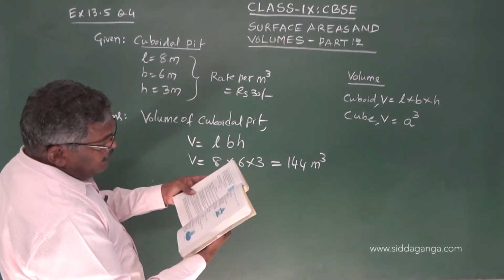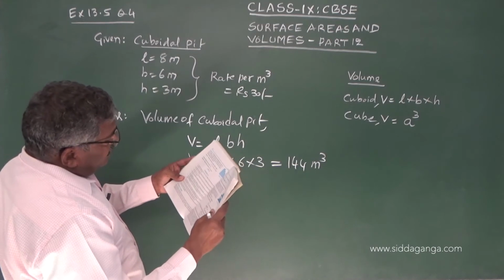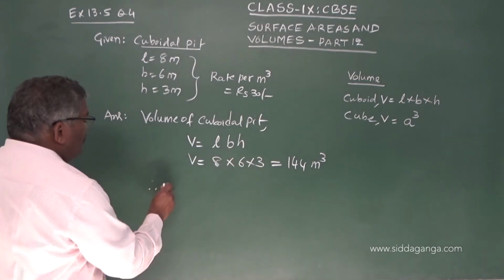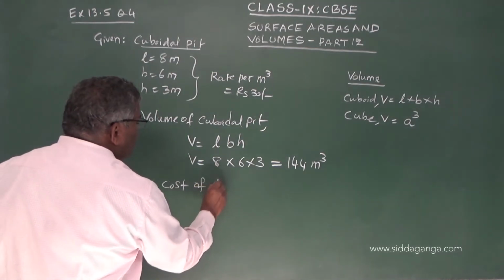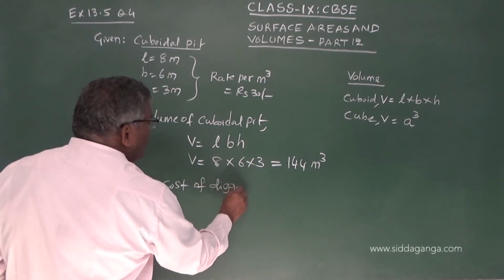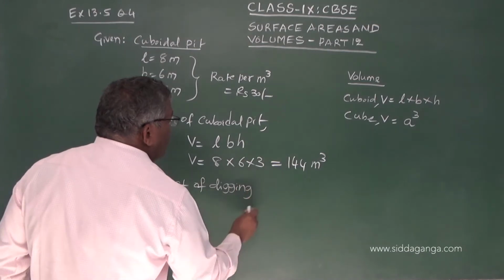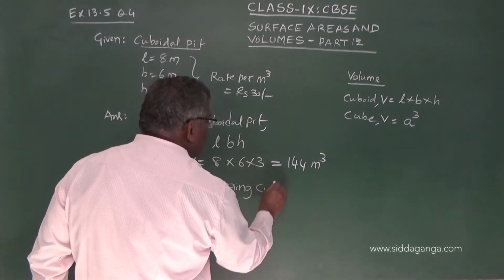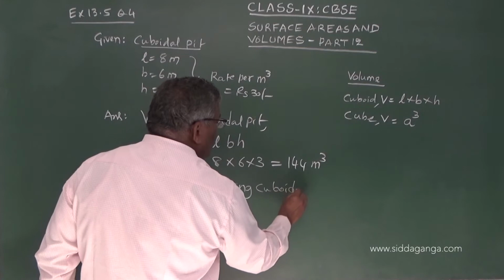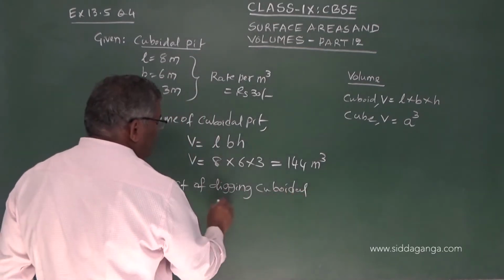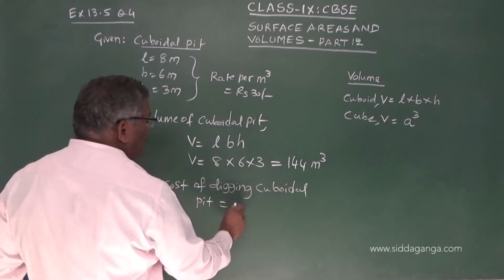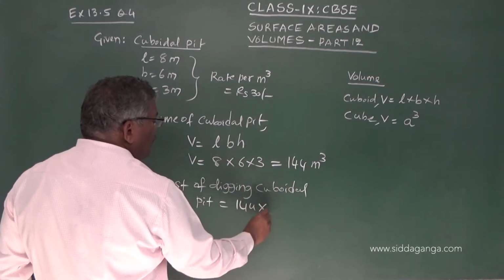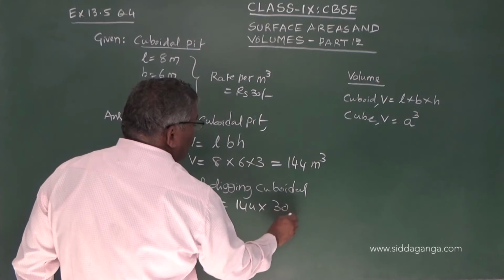Now the rate per meter cube is 30, therefore what is asked, the total cost. We have to find the cost of digging. Therefore cost of digging the cuboidal pit will be equal to 144 cubic meters into 30 rupees.